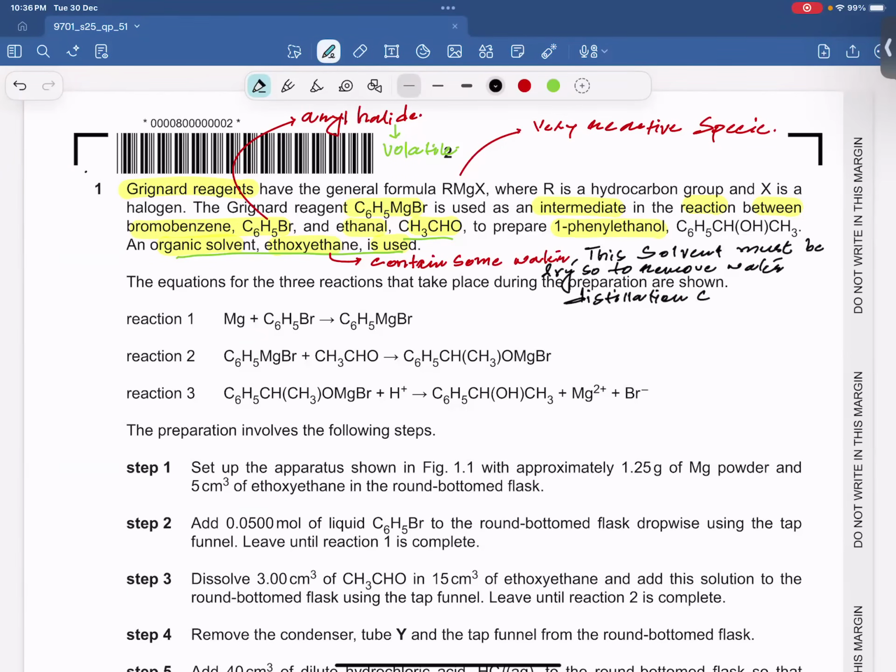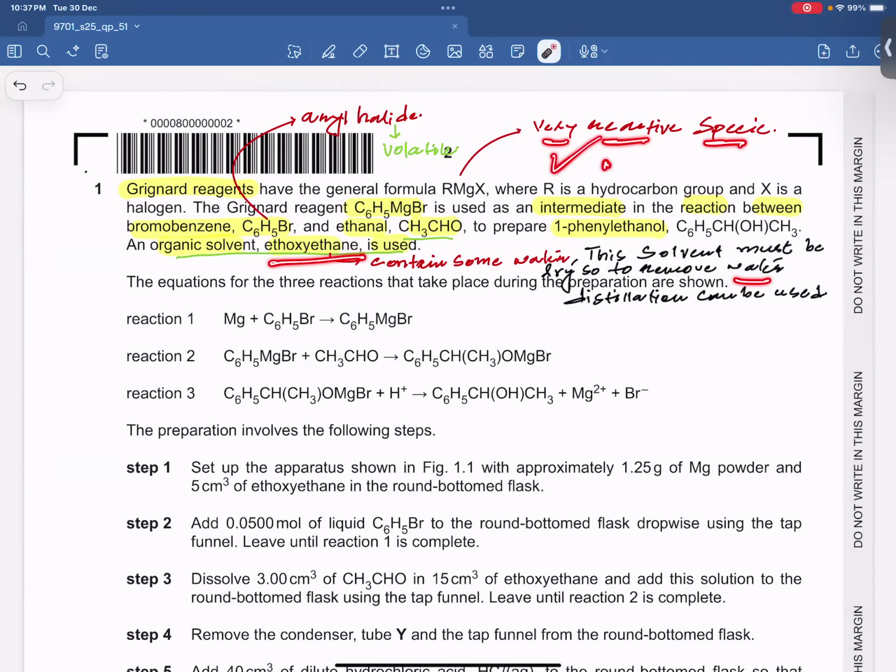Why is it very important to remove water from this ethoxyethane? Because alkyl magnesium halide, I mean Grignard reagent, is very, very reactive. It can easily hydrolyze with water. So to prevent the hydrolysis of this Grignard reagent, we need to remove water via distillation. This reaction takes place via 3 steps, and that is the product of the reaction.